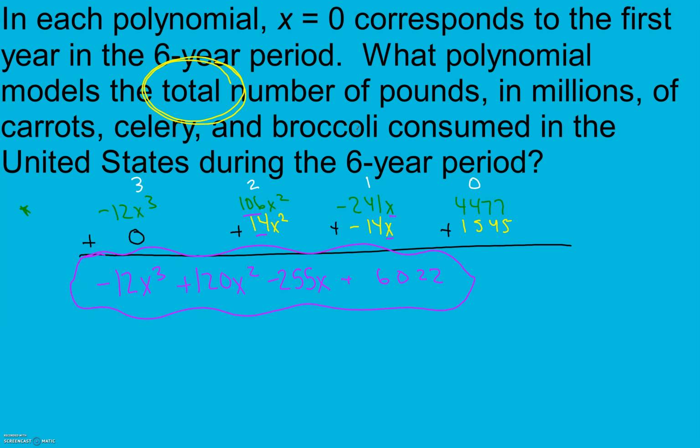We also could have just listed these all out. I could have done negative 12x cubed plus 106x squared minus 241x plus 4477. Total means we're going to add 14x squared minus 14x plus 1545.